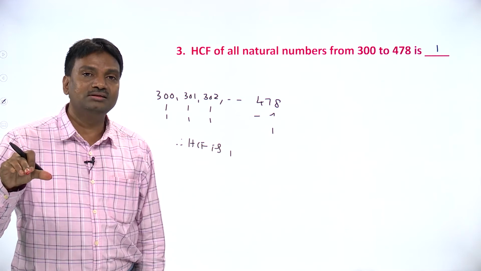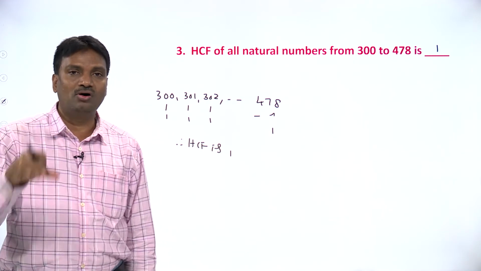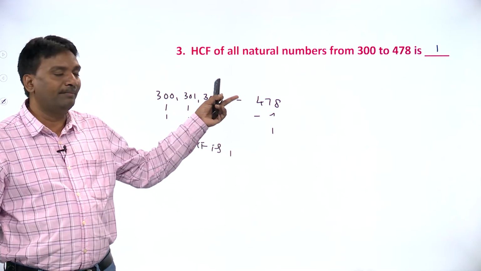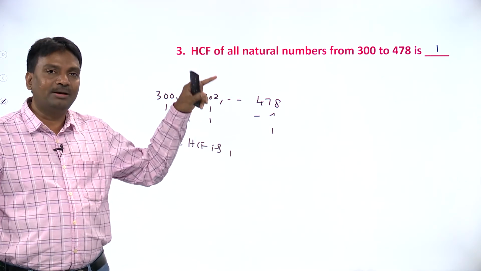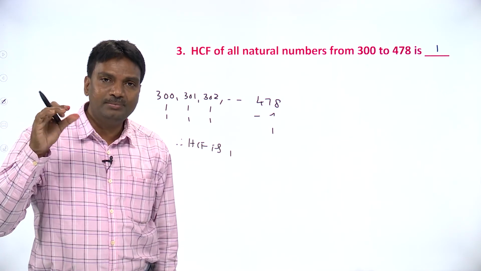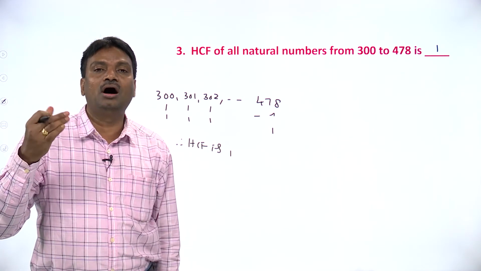Out of all these numbers, some numbers are prime integers and some numbers are composite integers, but we know a number may be either composite or prime.